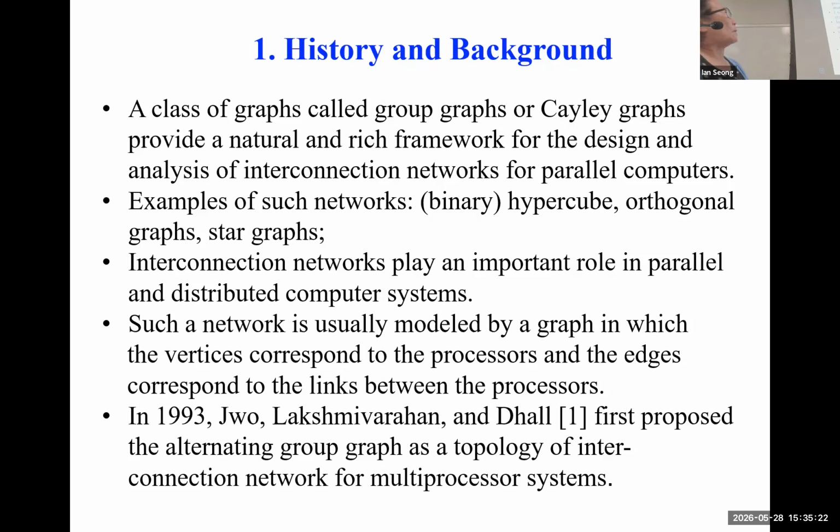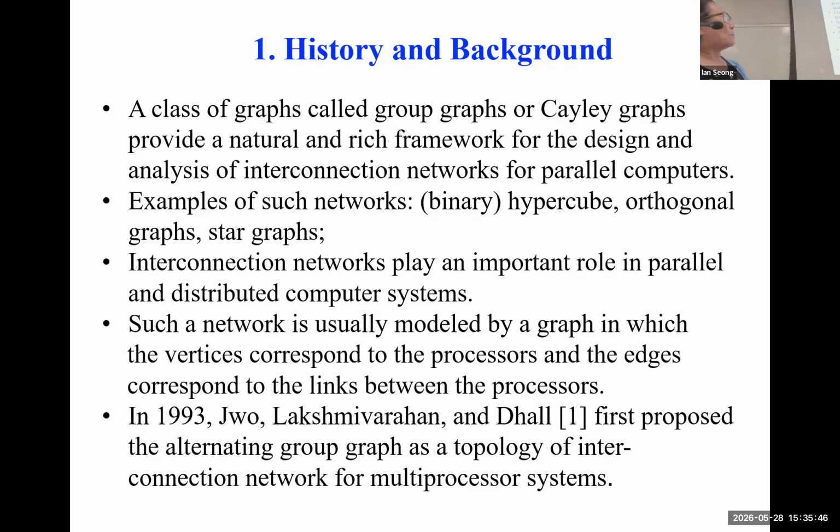But this actually provides a very natural and rich framework for the design and analysis of interconnection networks for parallel computers. The vertices are the processors, and then the links, of course, are the interconnections between the processors.